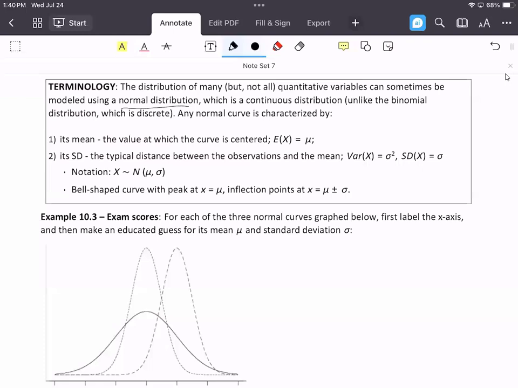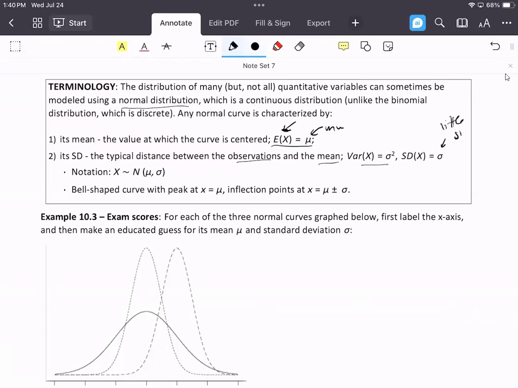Its center is at mu, the expected value E of x, and we call that mu. Its standard deviation is the typical distance between the observations and the mean. Remember, to get the standard deviation, you take the square root of the variance.